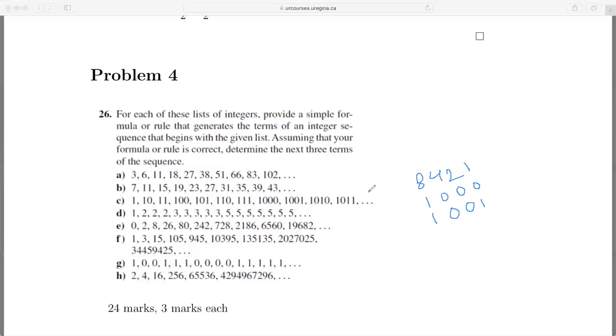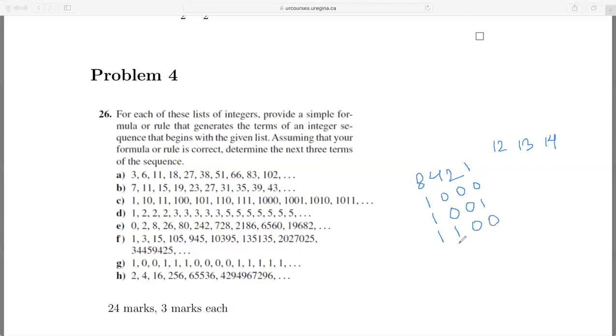So this one is 11, the next one will be 12, then 13, and then 14. How will you find the binary of 12? Here 8, and if you put 1 in the position of 4, it's 12.